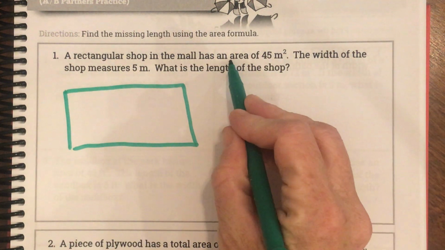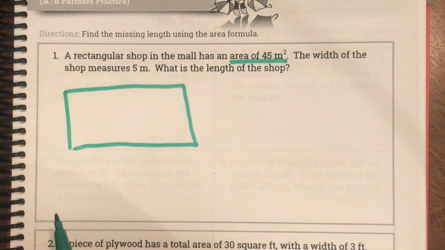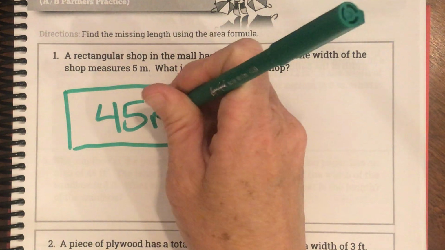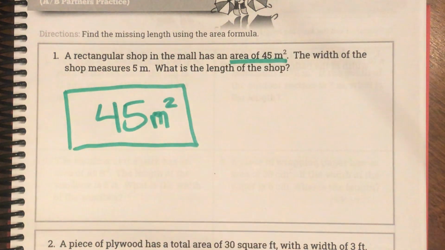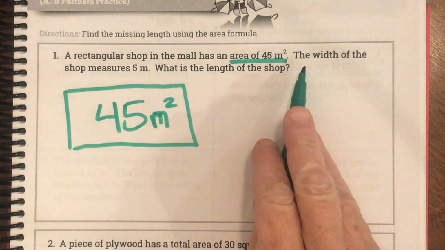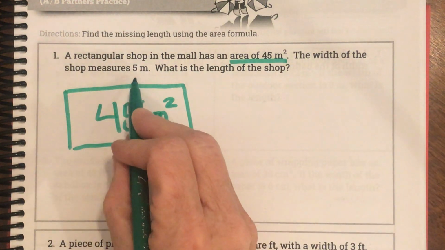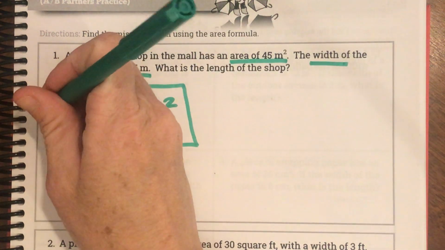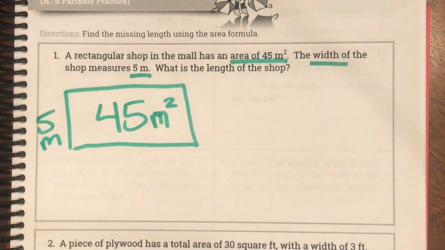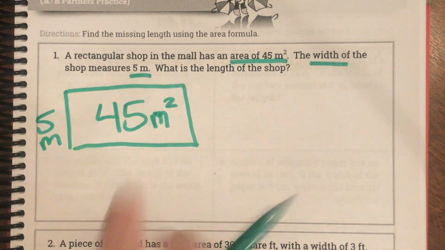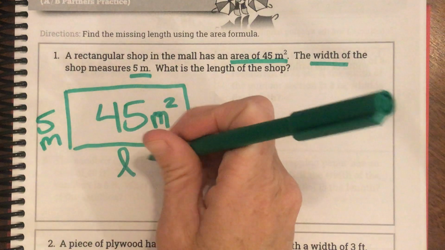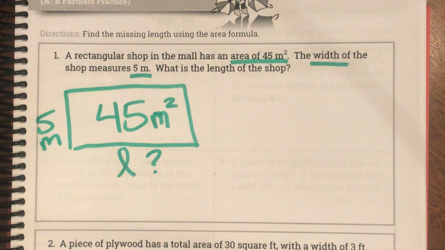We know that the area is 45 meters squared. Area is the space inside. So let's put that inside. Okay, then it tells us the width of the shop is 5 meters. Okay, the width is your short side. So I know my short side is 5 meters. And they say, what is the length? We don't know the length. That's our question mark, right?